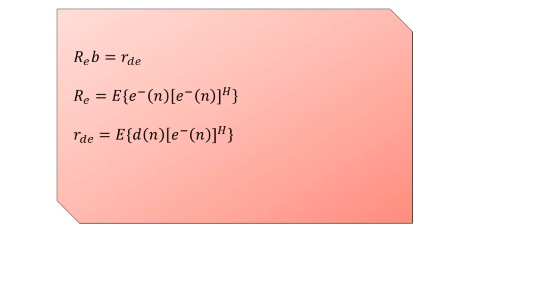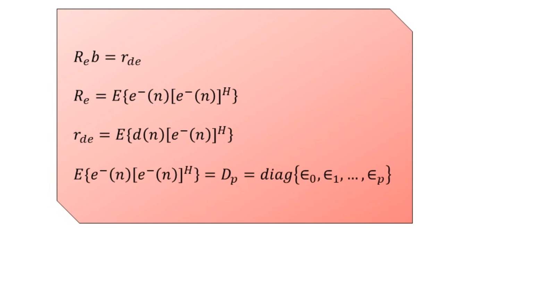So the condition mathematically here we denote expected value of e of n, e is negative, into the Hermitian of the same e of n, e is negative. So this is represented as capital D suffix p, which is equal to diag of epsilon 0, epsilon 1, epsilon 2 up to epsilon suffix p here.